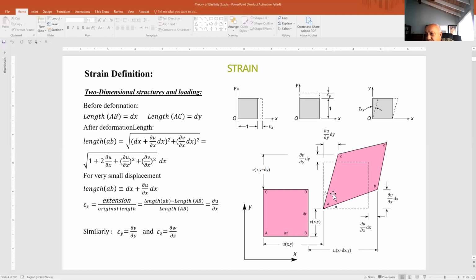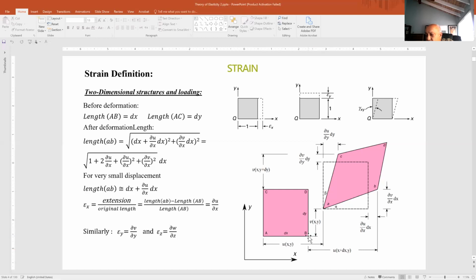Now, I can look into the picture and see the displacement of point A to new position, lowercase a, is u, and it's a function of the position x and y. And the vertical deformation of that is shown with v. So u and v are displacement of point A.